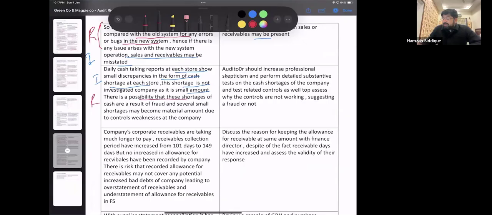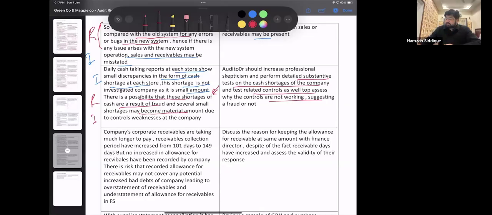There may be fraud, and the shortages may become material, a material misstatement. So the auditor should increase professional skepticism, perform detailed substantive tests on cash shortages, and test the controls as well. Why are they not working? A bit different.